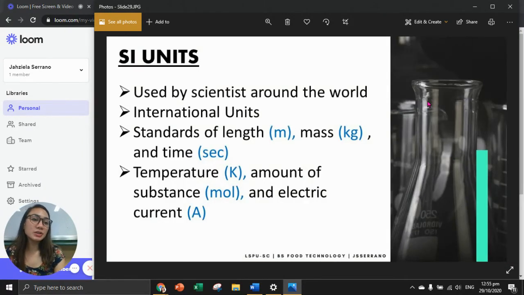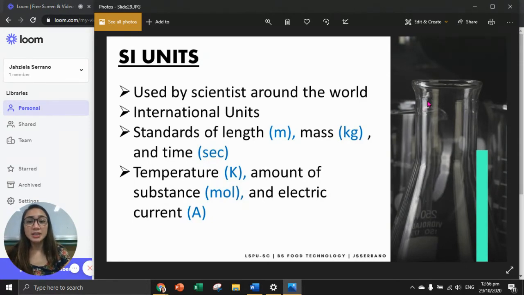So when we talk about chemical measurements, we're simply looking into SI units. So pag sinabi kong SI units, this is the international standard, no? So bakit tayo nagkakaroon ng SI units? So it is used by scientists around the world.